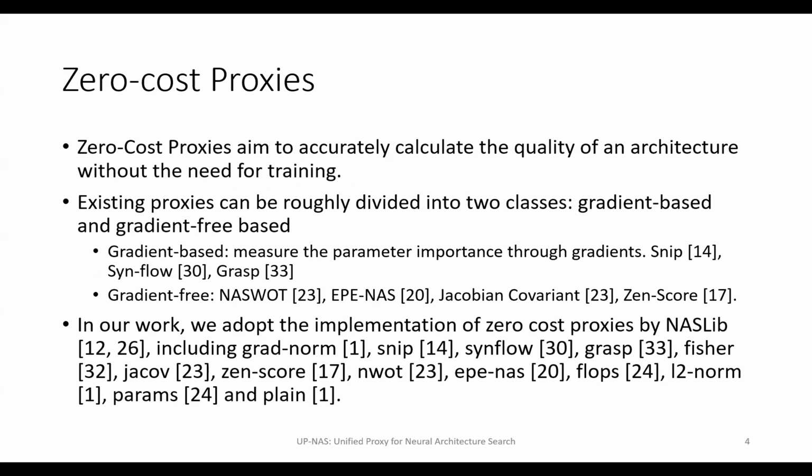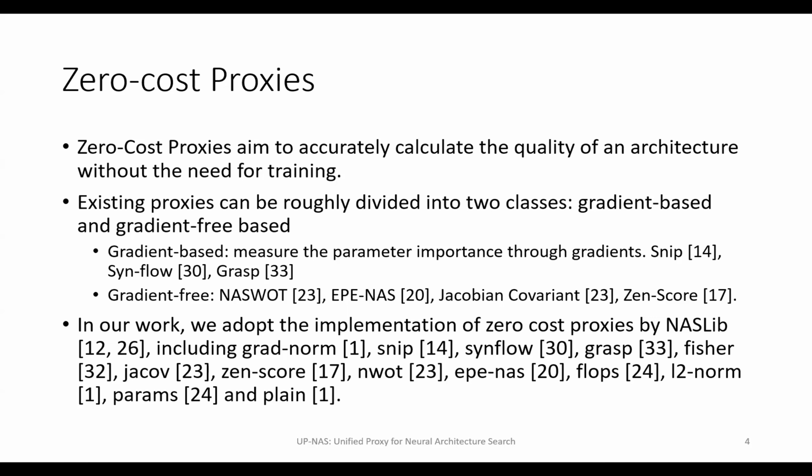So in this work, we hope to unify multiple zero-cost proxies. A single zero-cost proxy aims to accurately calculate the quality of an architecture without the need for training. Existing proxies can be roughly divided into two cases, gradient-based and gradient-free.